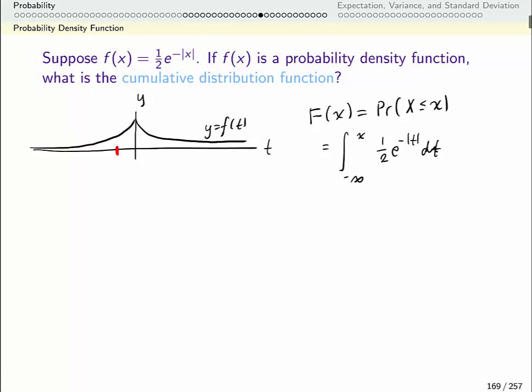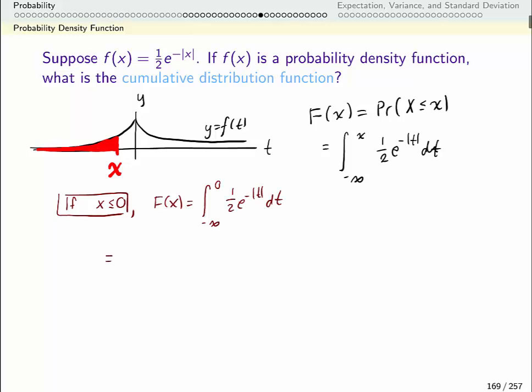Let's first think about negative values of x. If x is negative, the cumulative distribution function of x is going to correspond to this area underneath the curve, which I can figure out with a straightforward improper integral. If I'm only concerned with negative values of x, the absolute value of t is negative t. A negative is a positive.